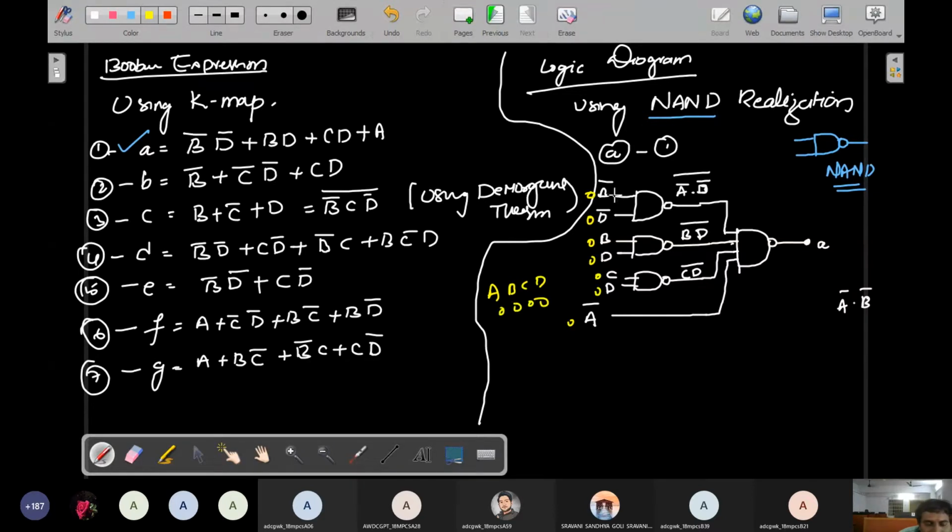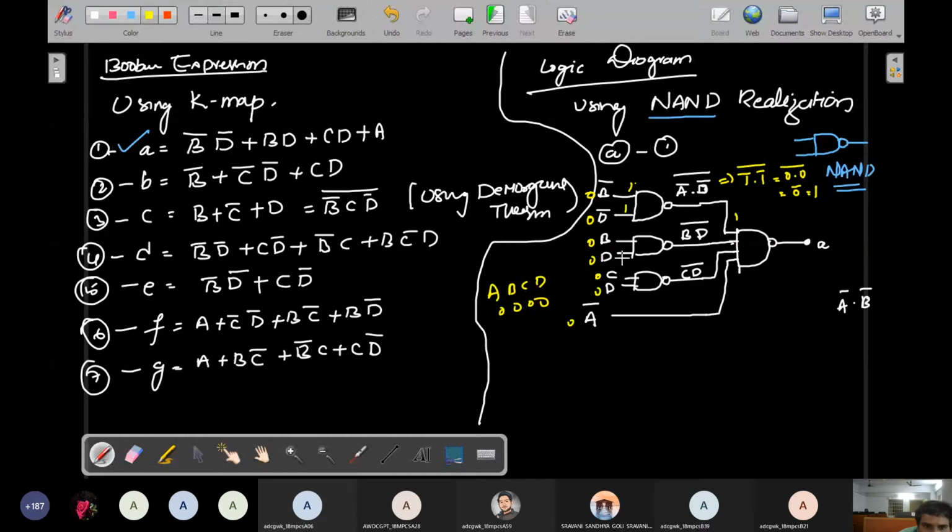Then 0 bar means it is 1. Actually 1 is here, and 0 bar means 1 here. Otherwise no need to write these things, because I already explained it in this manner. Here I'll write 1 bar dot 1 bar whole bar. So this is 0 bar dot 0 whole bar. So what happens, this is nothing but 0 bar, this is 1. Your output is only 1.